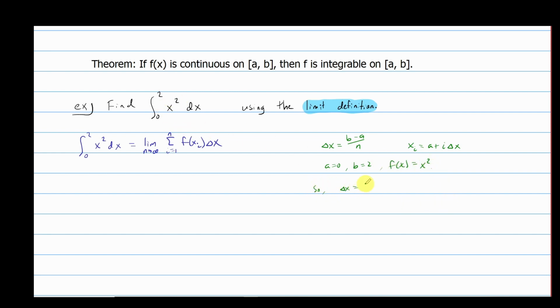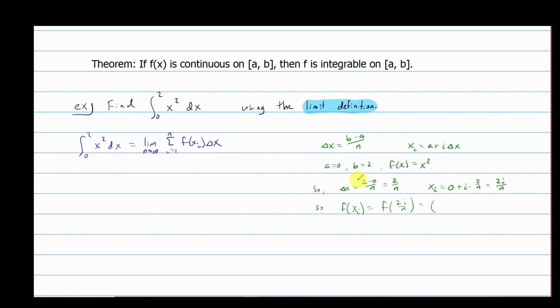So delta x is (2 minus 0) over n, which is 2 over n, and it stays 2 over n. I don't have a value for n. n is going to end up going to infinity. And x_i is 0 plus i times 2 over n, which is 2i over n. So f of x_i is f of 2i over n.